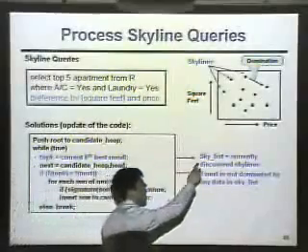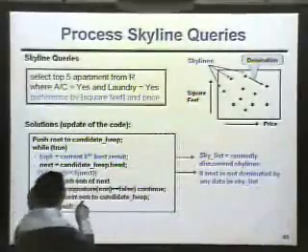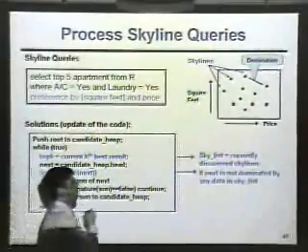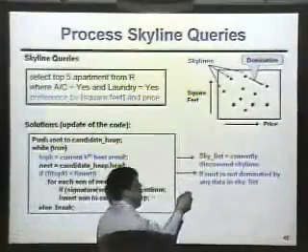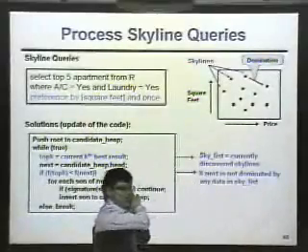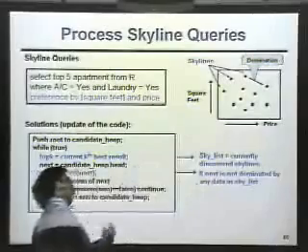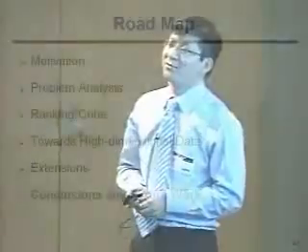Instead, we keep the current skyline list. So instead of comparing the top K with the next block, we bring in the next block and check it against the previous skylines to see whether it's dominated or not. I'm not going to detail this query processing. I just want to show that the framework is general and can handle other preference queries, not confined to top K query.